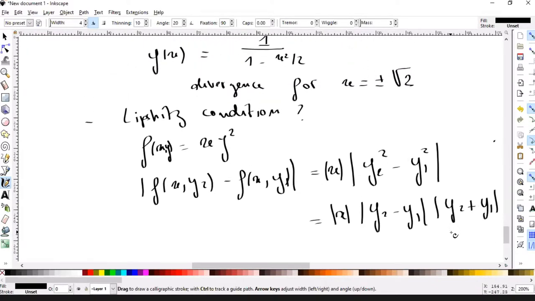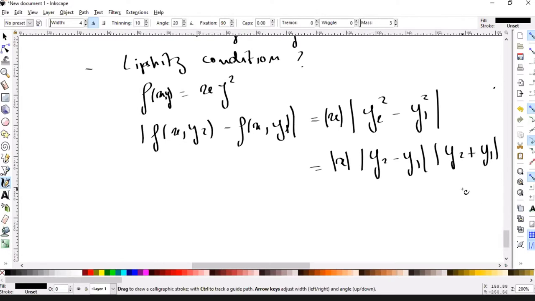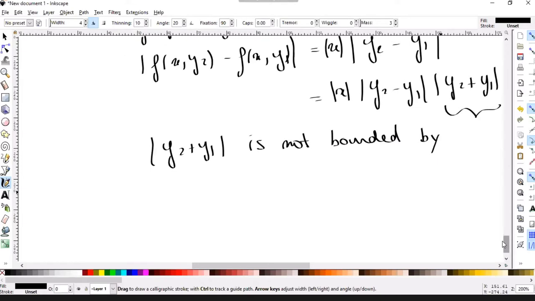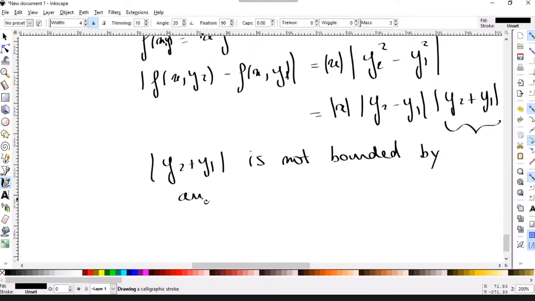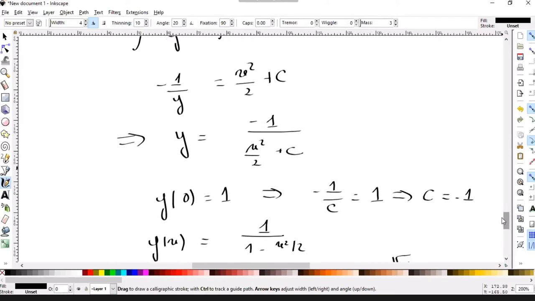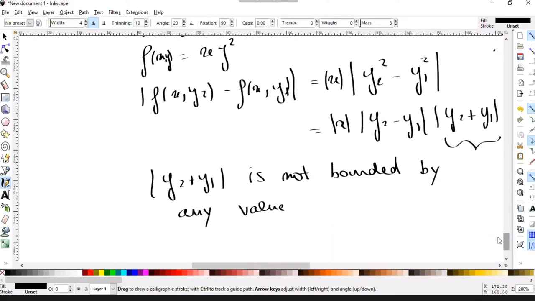Because here y2 plus y1 is not bounded by any value, because y can go to infinity when x is close to square root of 2.